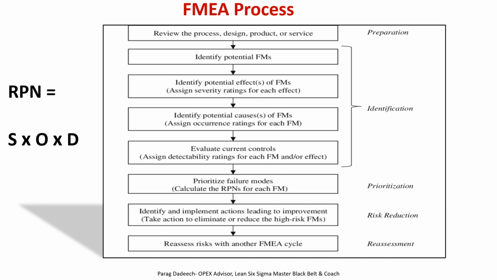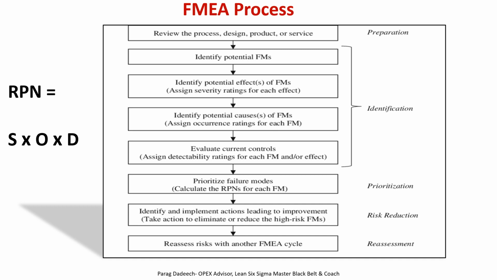RPN stands for risk priority number. This factor is a multiplication of severity rating multiplied by occurrence rating multiplied by detectability rating. It gives you an understanding of the level of risk you face at each failure mode. The higher the number, the higher the risk.